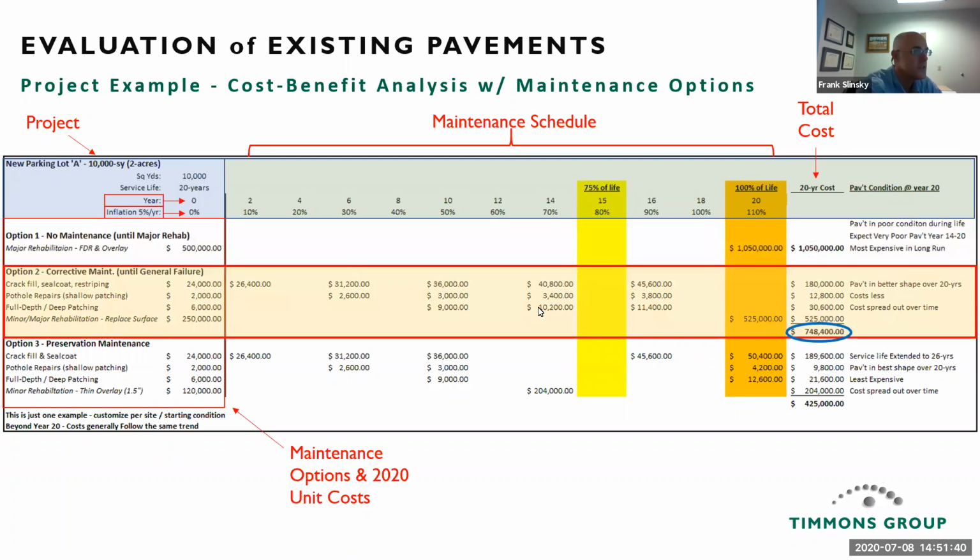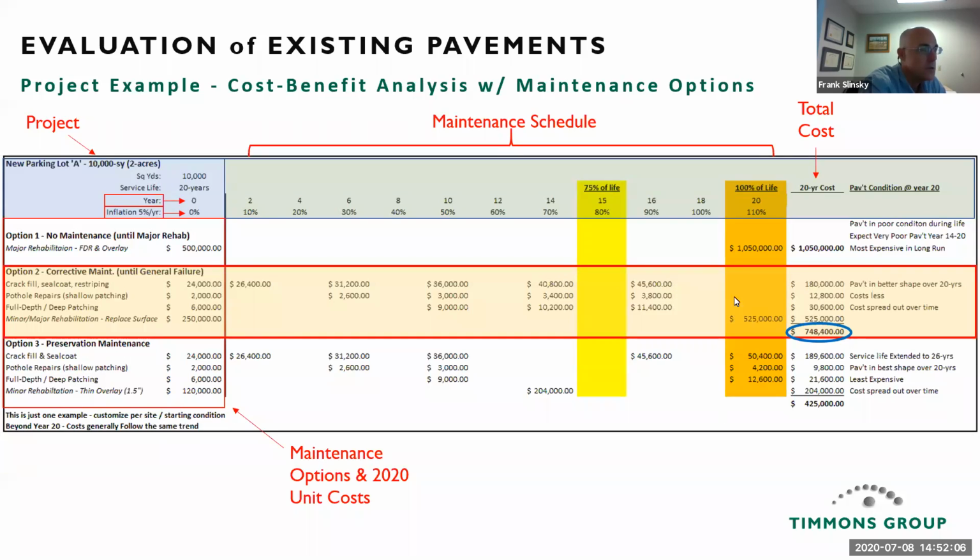Okay, so option 2, corrective maintenance until there's a general failure. So in this case, you're doing everything right. You do your seal coating. In year 6, you might have to do some shallow patching or pothole repairs. Year 10, still seal coating, potholes, but then you got some full depth patching, all good stuff.